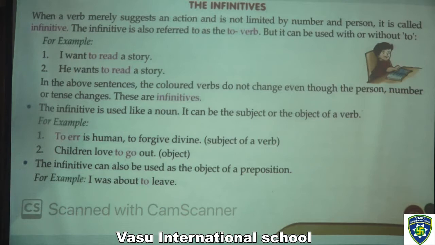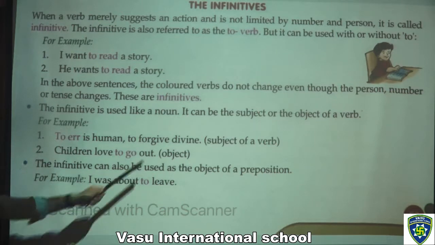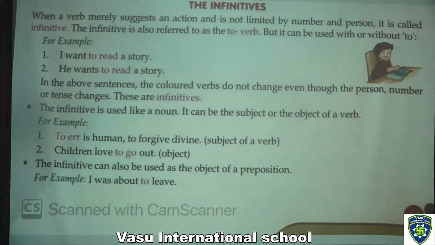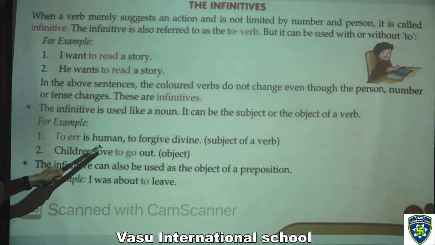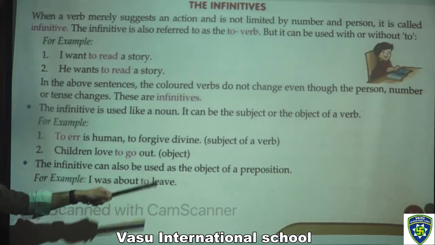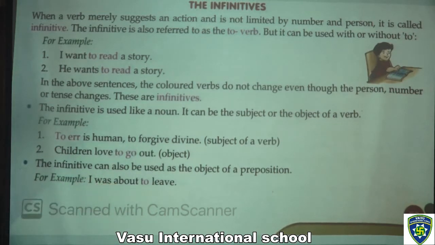The infinitive is used like a noun. It can be the subject or the object of the verb. For example, to err is human, to forgive divine. That is the subject of a verb. The second one, children love to go out; to go is the object.